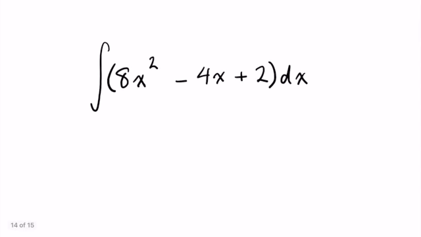If I wanted to take the integral of this expression here, it's very simple. I like to think of this as a kind of reverse power rule. So when I think about it that way, how did we go from a specific expression to give me 8x squared? Well, the place I always start with integration is in the power.